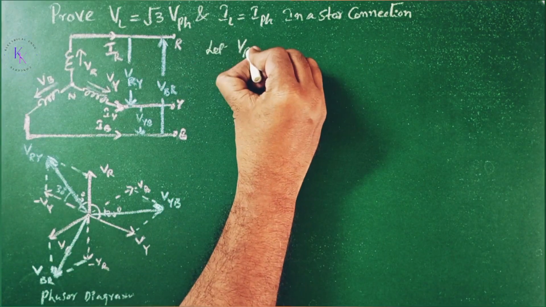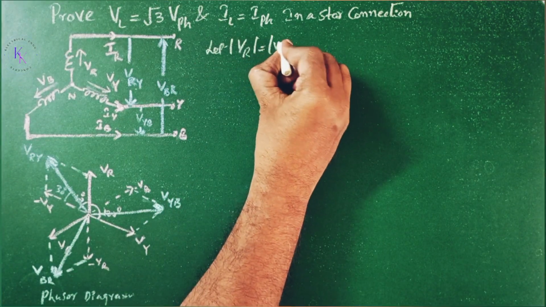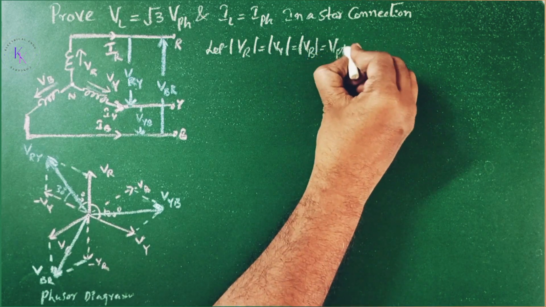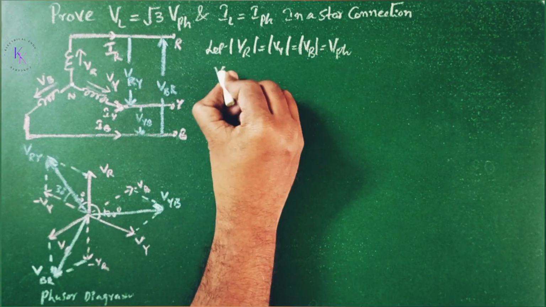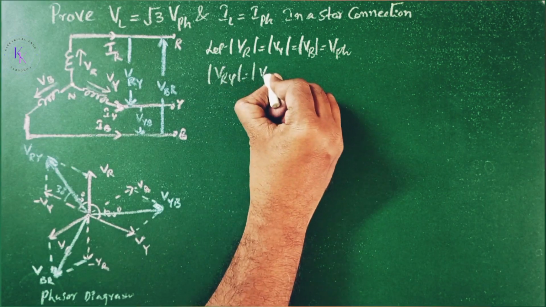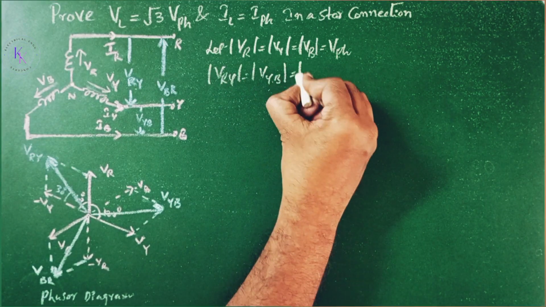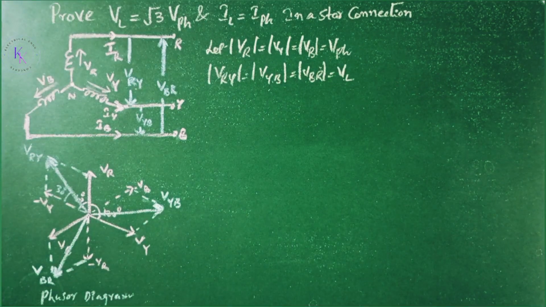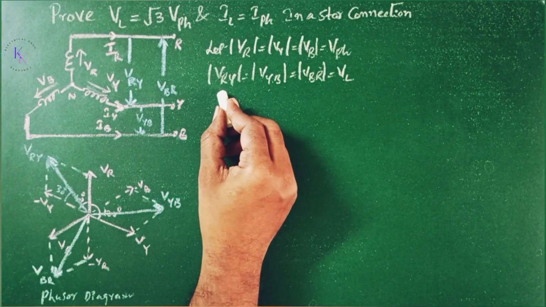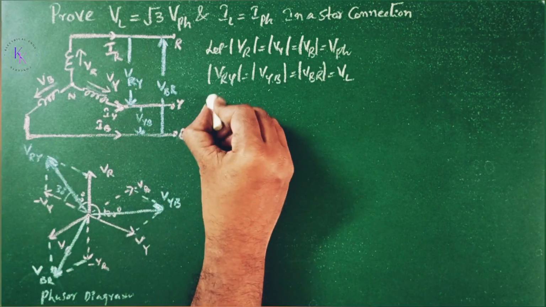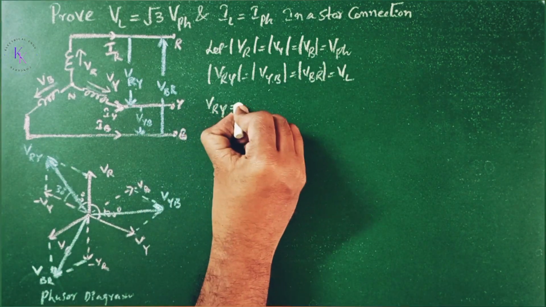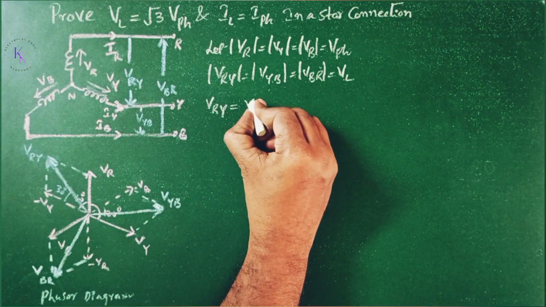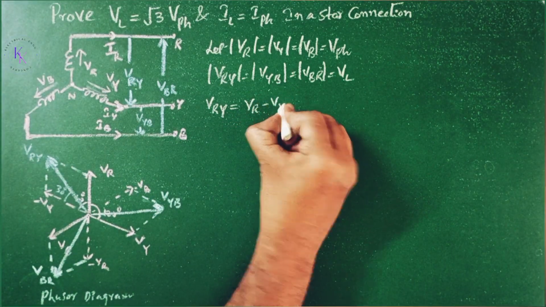Let VR equals VY equals VB be the phase voltages. Similarly, VRY equals VYB equals VBR are the line voltages. We need to find the relation between the line voltages and the phase voltages. Now consider VRY as the vector difference of VR and VY, or else we can write this as VR minus VY.